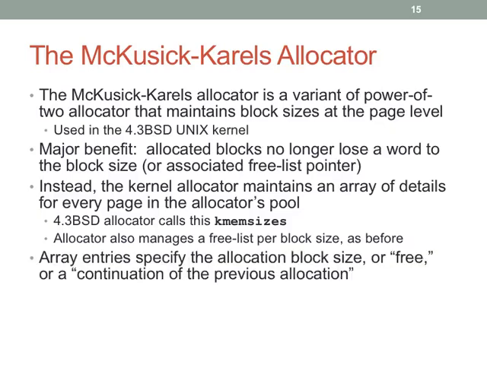Okay. So basically, the array entries would say either the allocation block size, or they would say this block is available, or they would say that a block is actually part of a previous block allocation, so that you may have a run of multiple blocks or multiple pages if you need an allocation that's larger than one page.